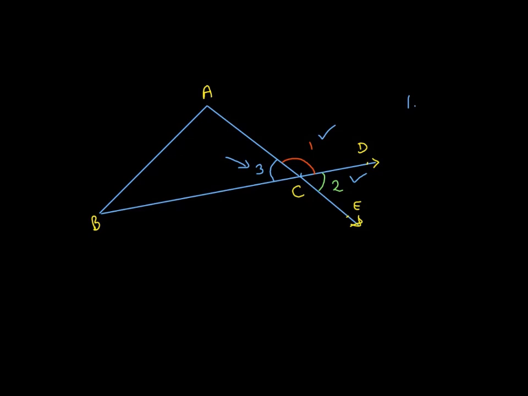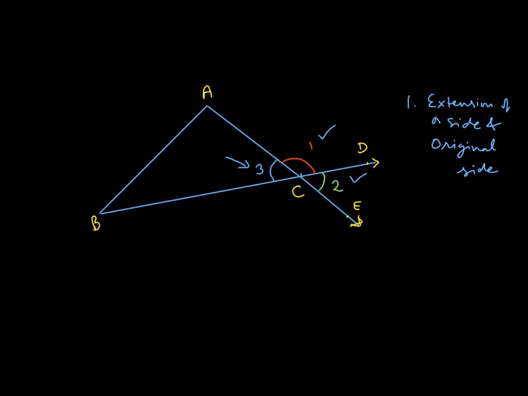First is, an exterior angle is made between extension of a side and original side. This is one of the two hints. An exterior angle is formed between an extension of a side and one original side.